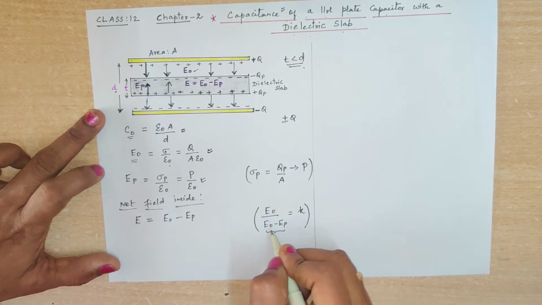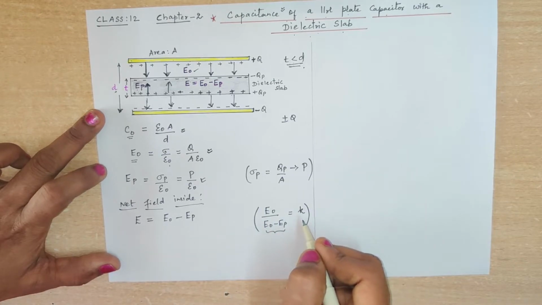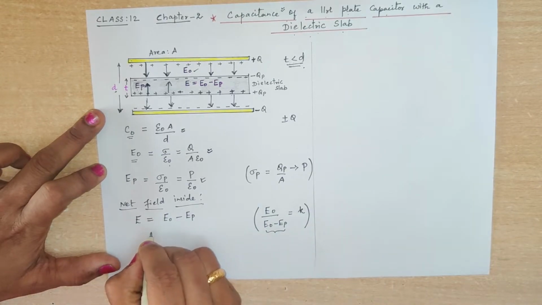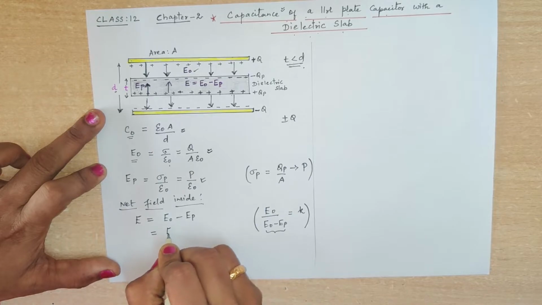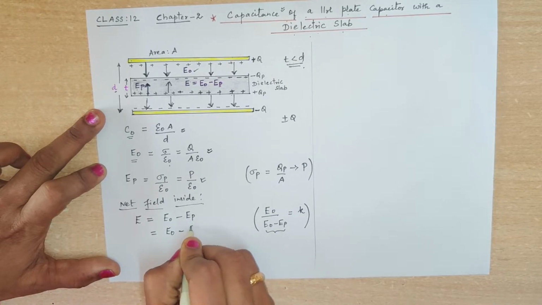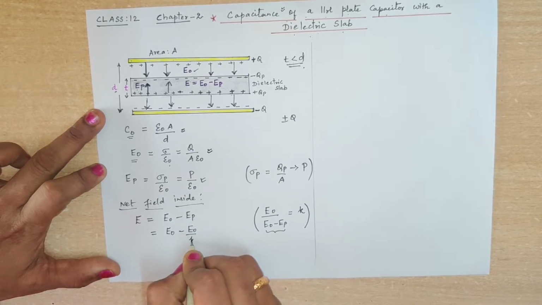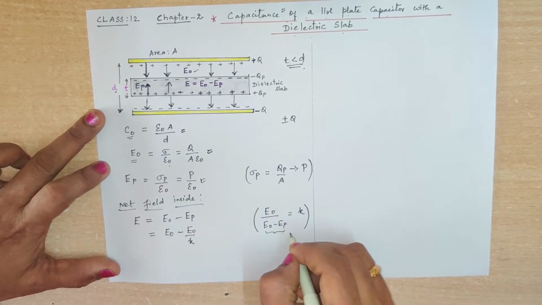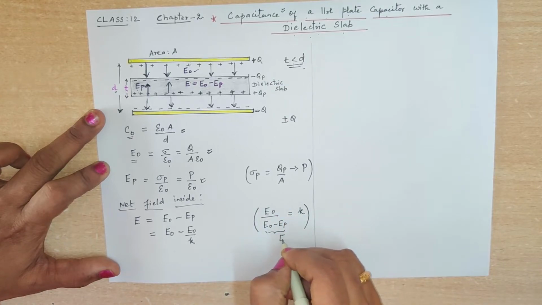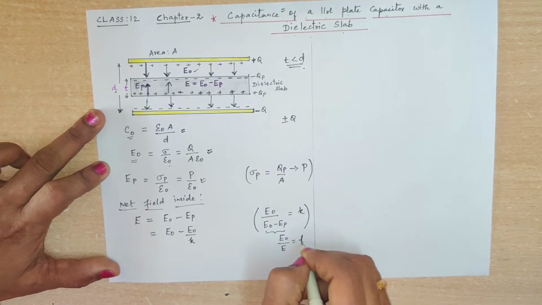Therefore, E naught upon E naught minus EP is the dielectric constant, and hence we can rearrange this further, that is E equals E naught minus E naught by K. And this we can also rearrange in a simplified way, that is E naught by E is also equal to K.